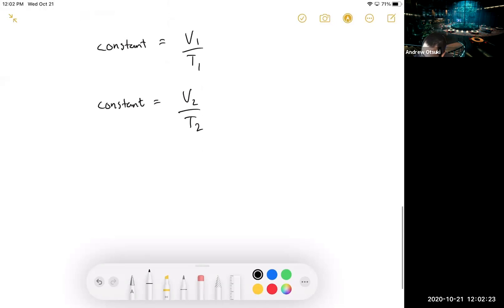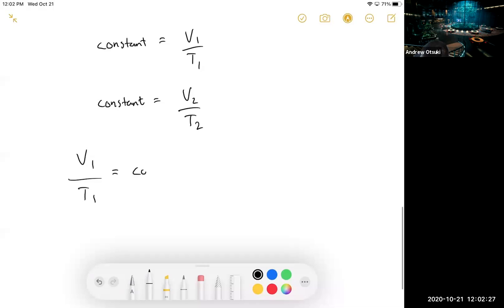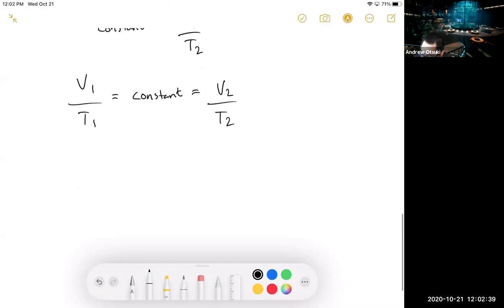So what we can say is that V1 over T1 equals constant, and that will equal V2 over T2. Or we don't even need this constant anymore. So we can say V1 over T1 equals V2 over T2.